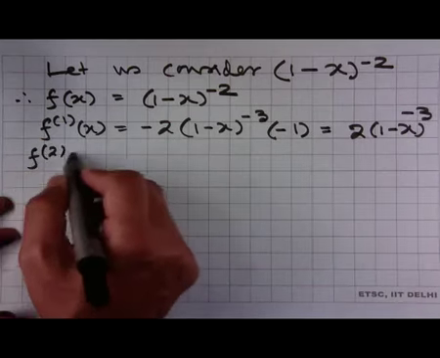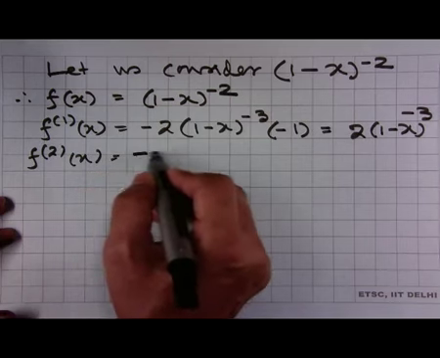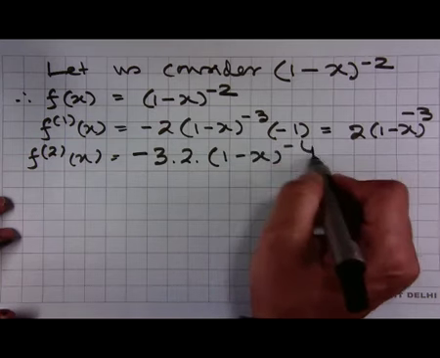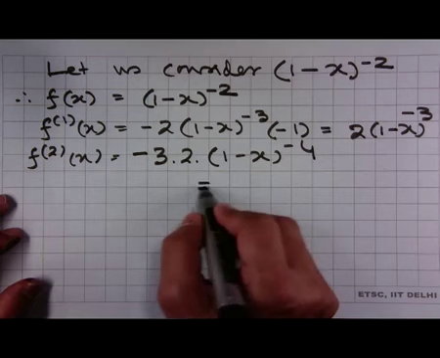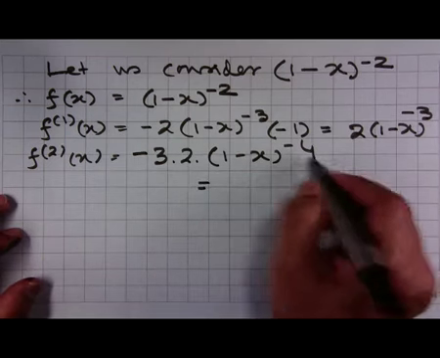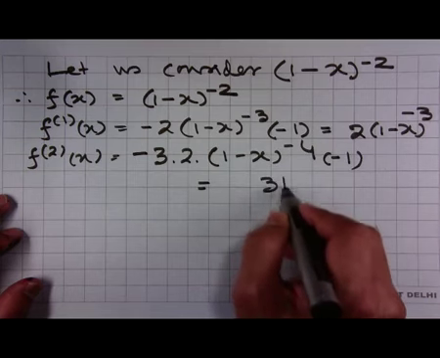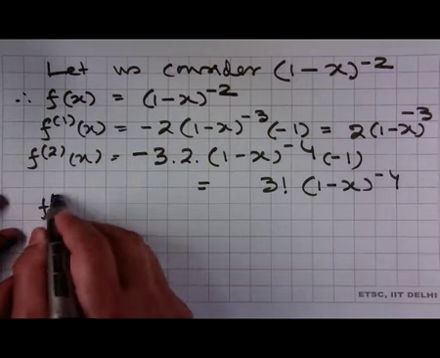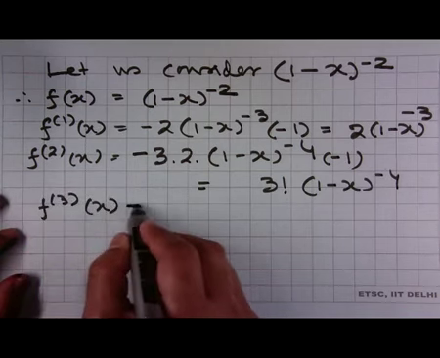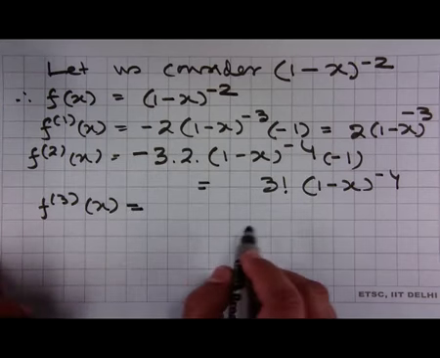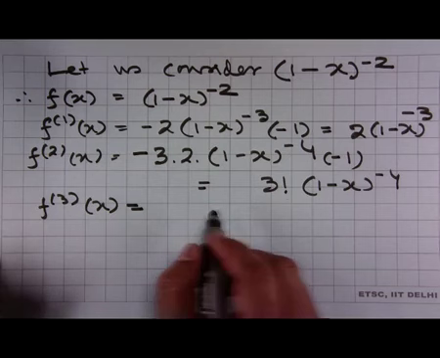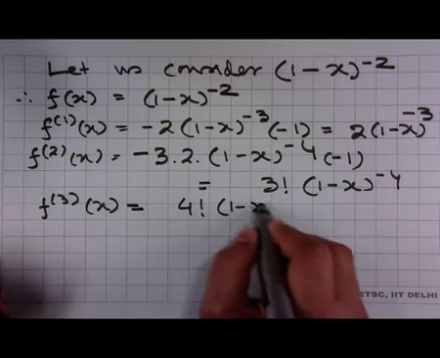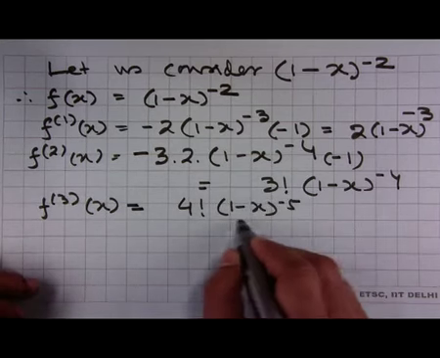The second derivative of f(x) is equal to minus 3 into 2 into (1 minus x) to the power minus 4, which is equal to factorial 3 into (1 minus x) to the power minus 4. The third derivative of f(x) is, in a similar way, factorial 4 into (1 minus x) whole to the power minus 5.